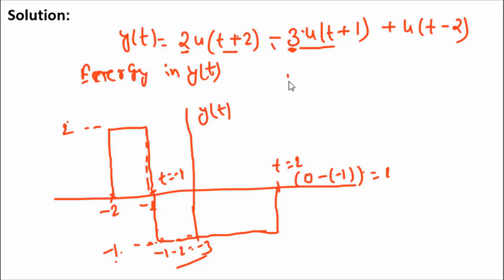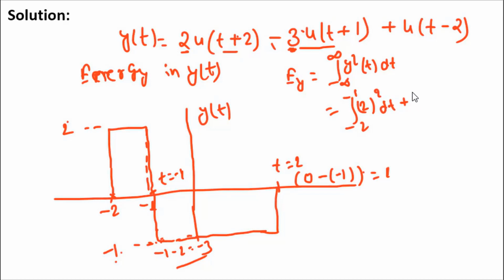So you can find the energy in this signal y of t as the integral from minus infinity to infinity of y square of t dt. From minus 2 to minus 1, the value of the signal is 2, so 2 square dt, plus from minus 1 to 2, the signal value is minus 1, so minus 1 square dt.